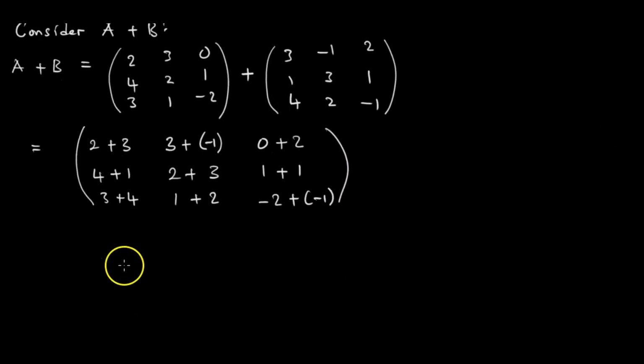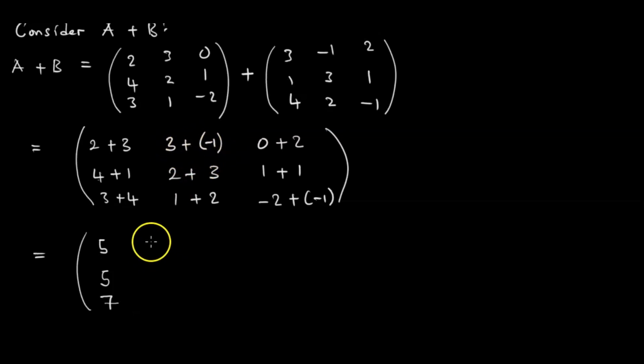Now further simplification, this is equal to 2 plus 3 is 5, 4 plus 1 is also 5, 3 plus 4 is 7. When we say 3 plus minus 1, we know that when a plus meets a minus it becomes a minus.